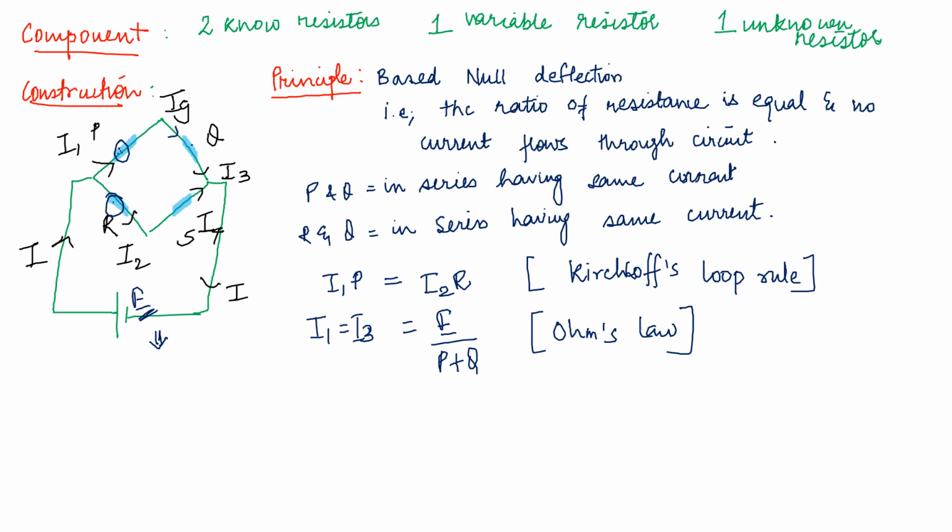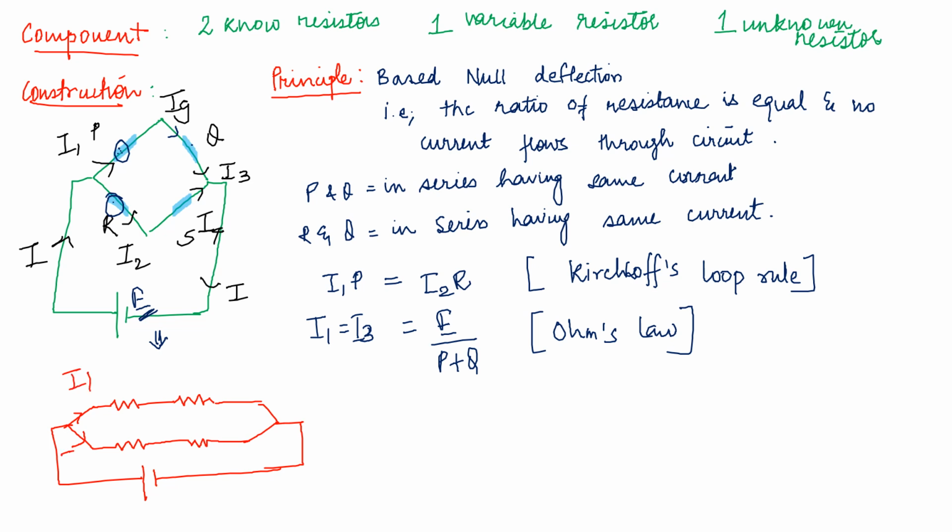This diagram can be visualized like this. Here and here the current is different. From this I1 is flowing, this I2 is flowing. It is P, Q, this is R and S, and this is our EMF E.